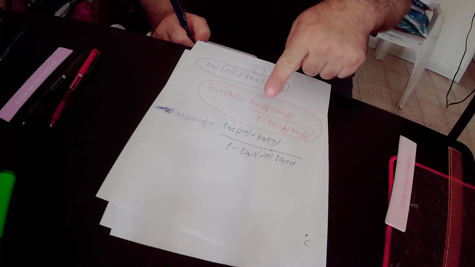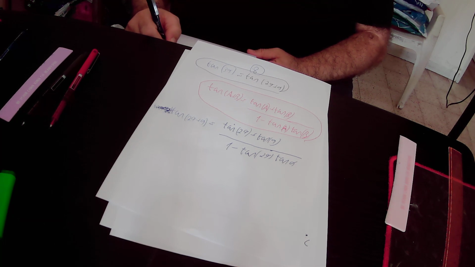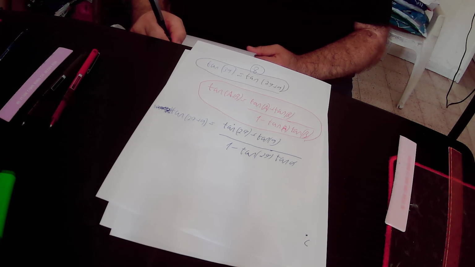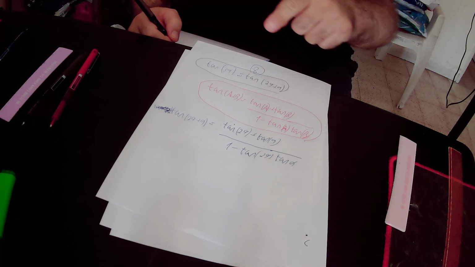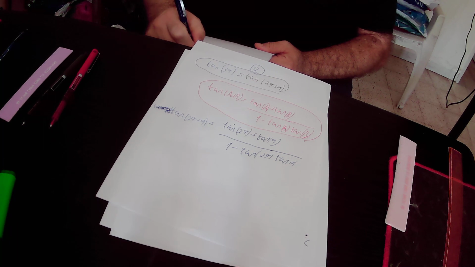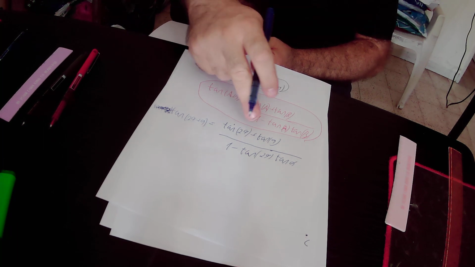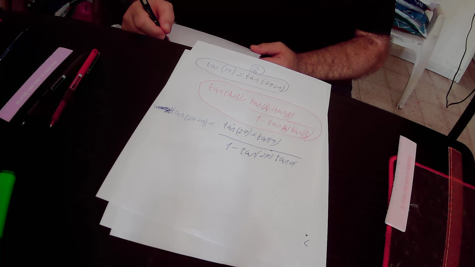It equals tangent 2 alpha, and the value of tangent 2 alpha is 7 over 3 times root 7, and the value of tangent alpha is 3 over 3 times root 7, all divided by 1 minus tangent 2 alpha times tangent alpha.